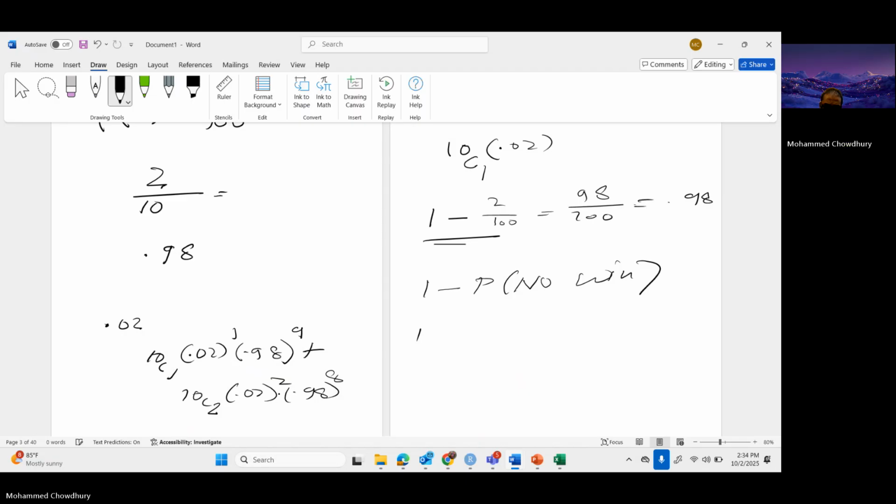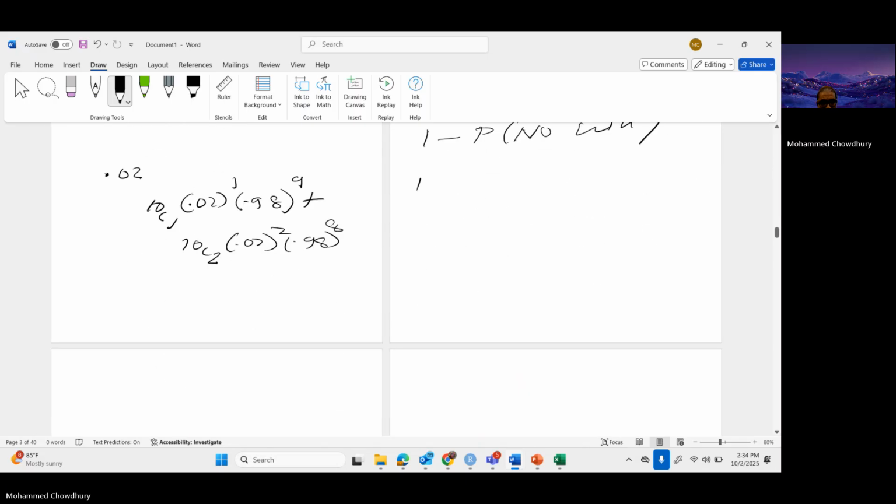So here is the thing. Ticket 1, ticket 2, ticket 3 and goes to ticket 10, right? And then they multiply these things, right? So 0.98, they multiply 10 times.